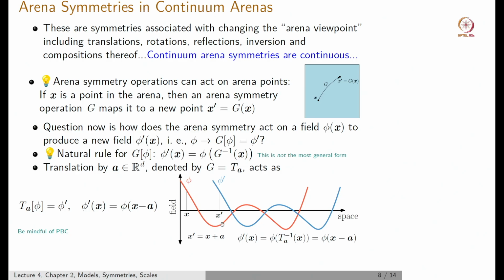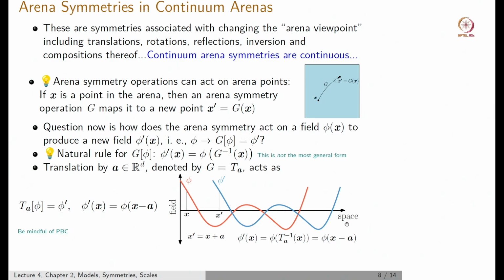I have a picture to show you this. This was the original field, which is phi of x, shown in red here. I did the translation, and when I did the translation, this point x went to x prime, which is x plus a. How do I find phi prime of x? Just imagine that x is some point here. You have to find out which is the point from which it came. So you hit x with T inverse a, and you get x minus a.